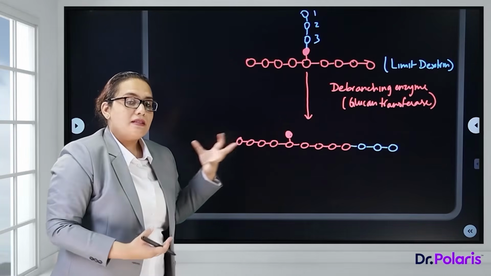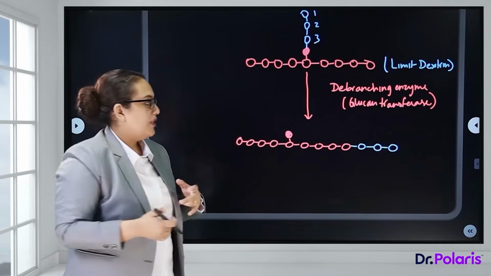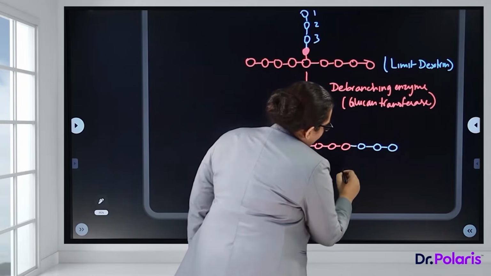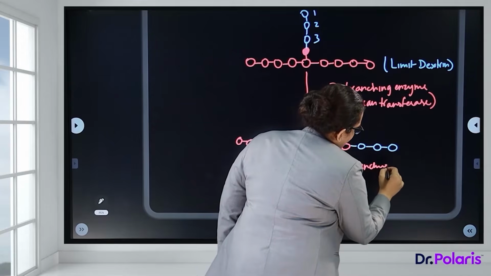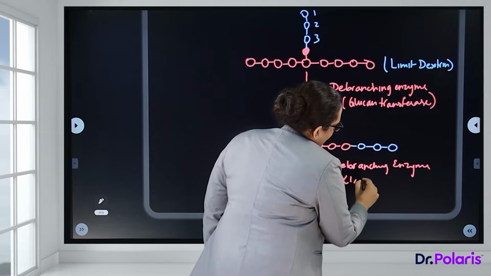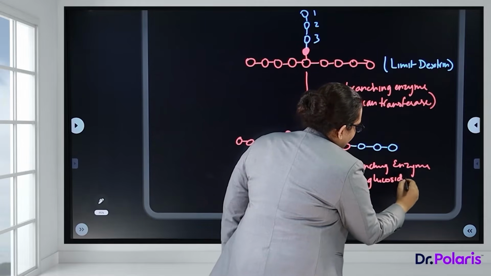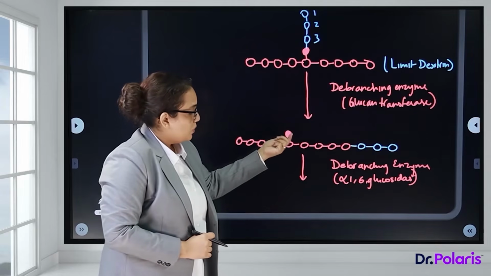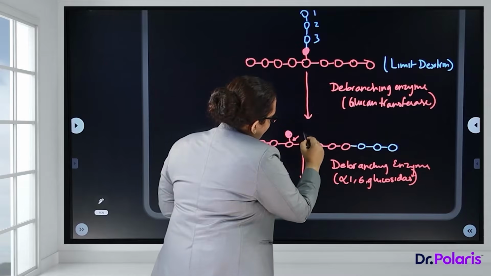Now the debranching enzyme acts on this structure once again, and the next activity of the debranching enzyme functions, which is alpha 1,6 glucosidase. So what does this alpha glucosidase do? Alpha 1,6 glucosidase removes the last glucose, which is attached to the linear chain by an alpha 1,6 linkage.